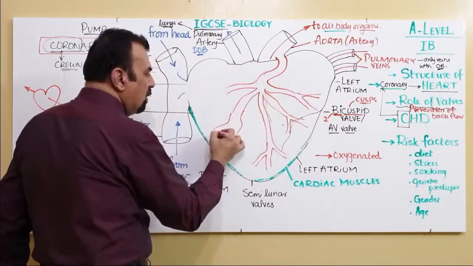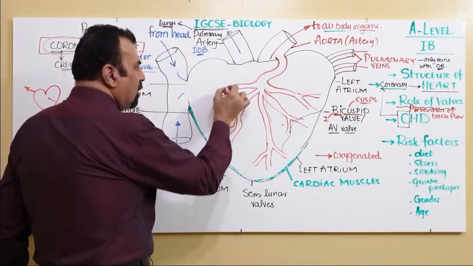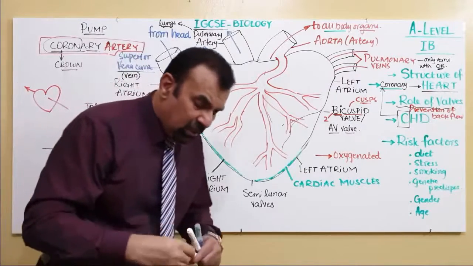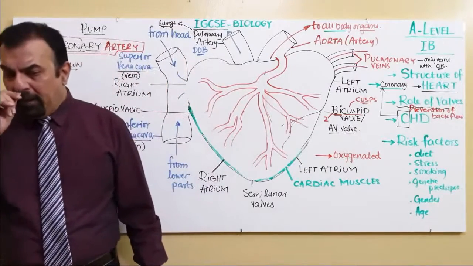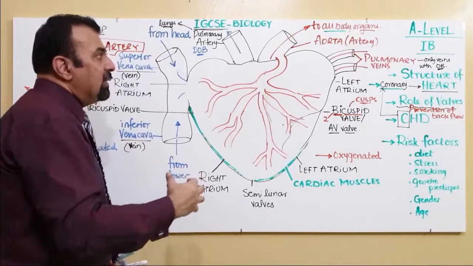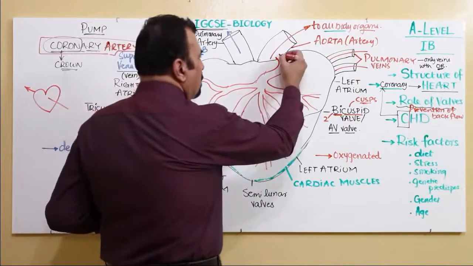So all of these coronary arteries, what are they doing? They are supplying blood to all the cardiac muscles, all the muscles of the heart. And this blood is coming from the aorta.